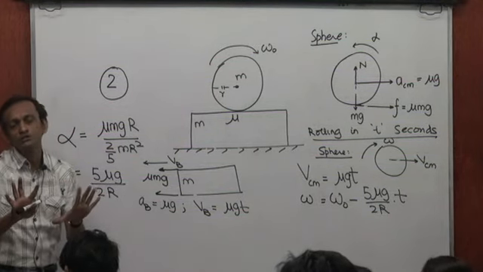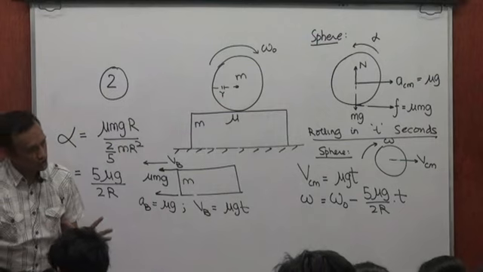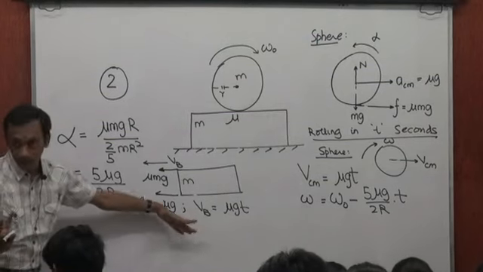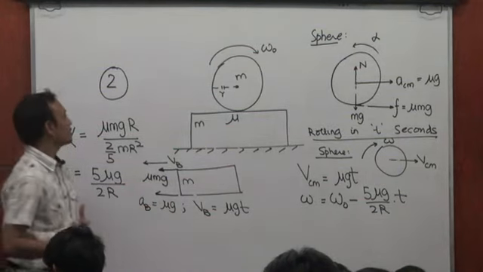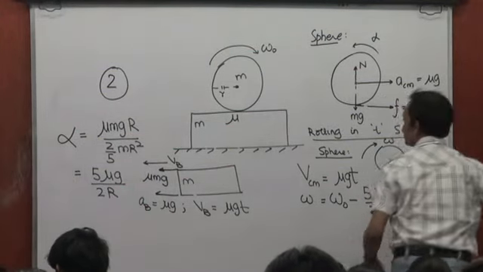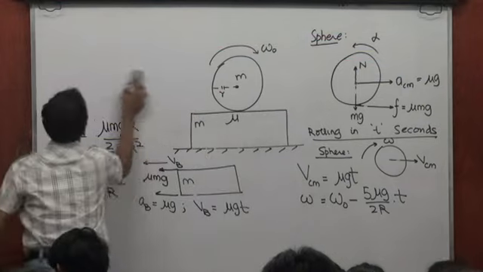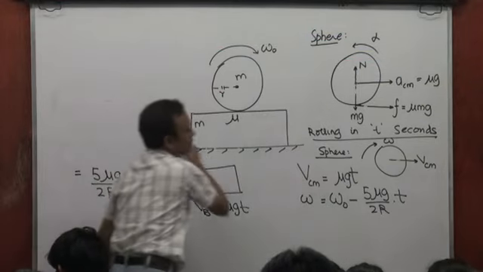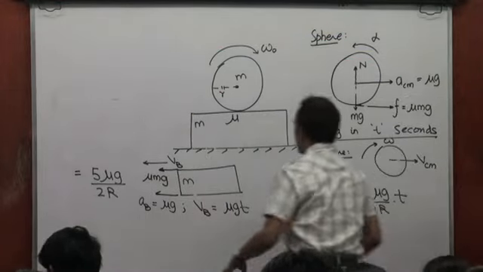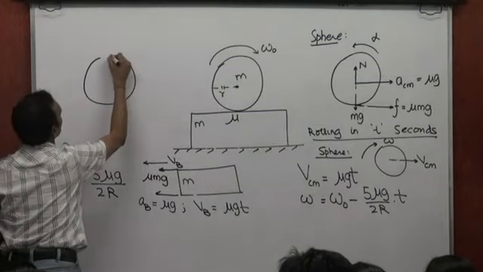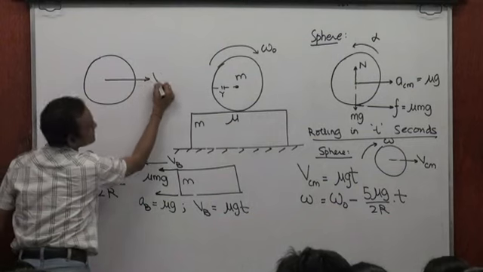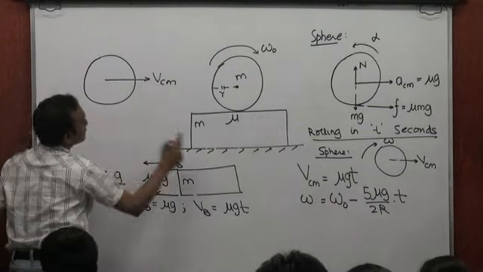One last condition pending is the rolling condition, which happens in the tth second. Look, at an instant t, the sphere has a velocity VCM, which we have computed, to the right.